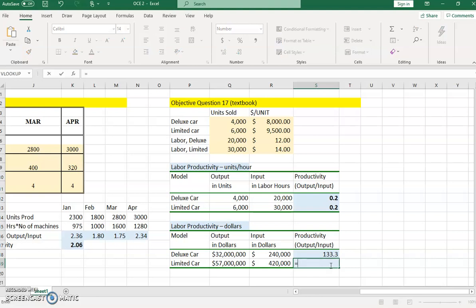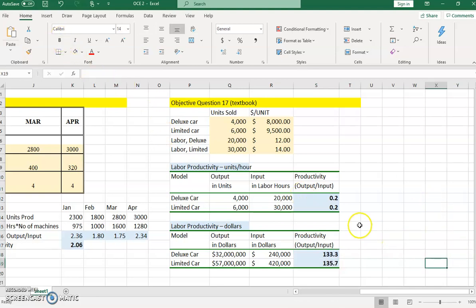The productivity is output over input, and that is going to be equal to 57,000 divided by 420, which is Q19 divided by R19, and that comes to 135.7. Okay, and that is what we have right now.